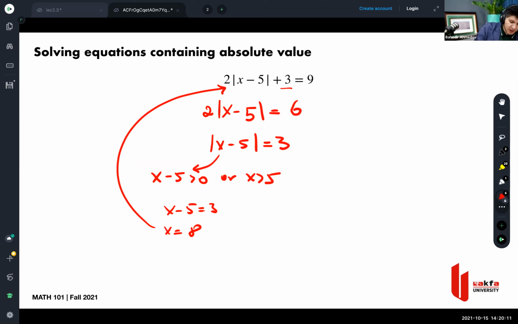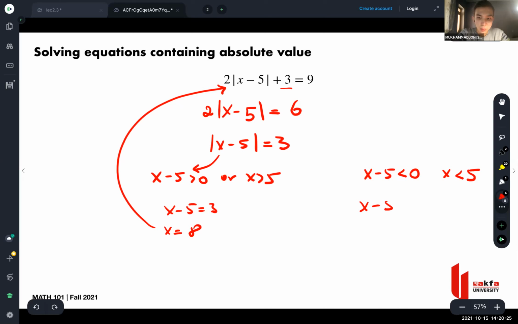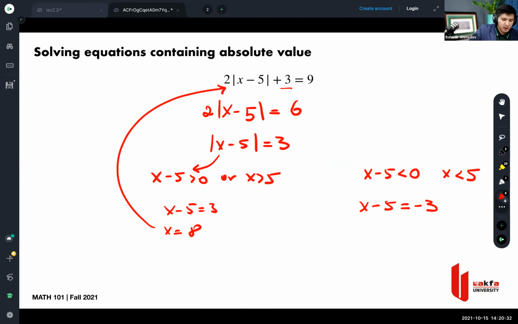But at the same time, x minus 5 can be negative, right? In this case, if x is less than 5, what I have to do is x minus 5 is going to be equal to minus 3, not 3, but minus 3, okay? If this number is positive, then you're going to just get rid of the absolute value without changing the sign of the right-hand side.